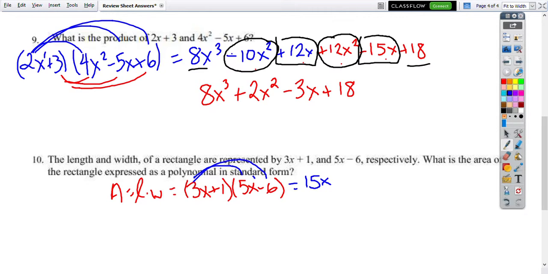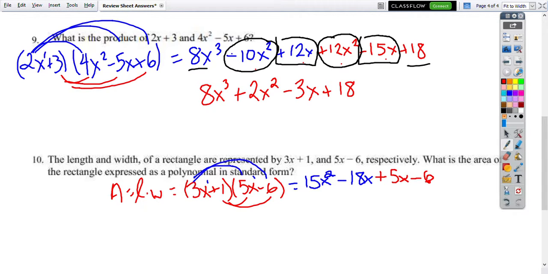They're both 1 right now, so that's x squared. Then 3x times negative 6 is negative 18x. Then we take the 1, which doesn't really change anything. 1 times 5x is just positive 5x, and 1 times negative 6 is minus 6.